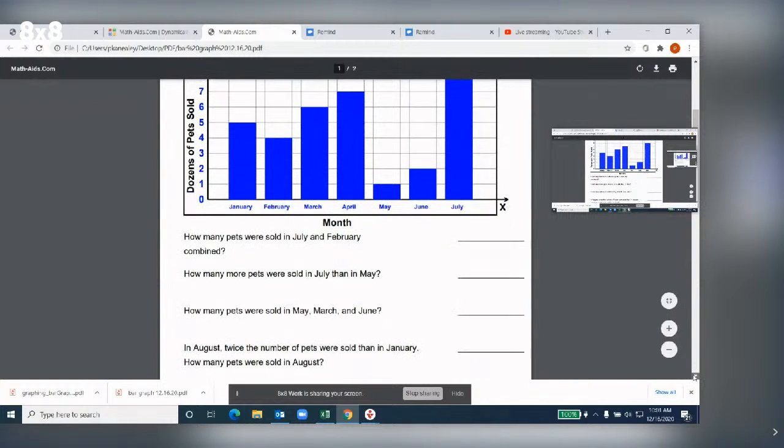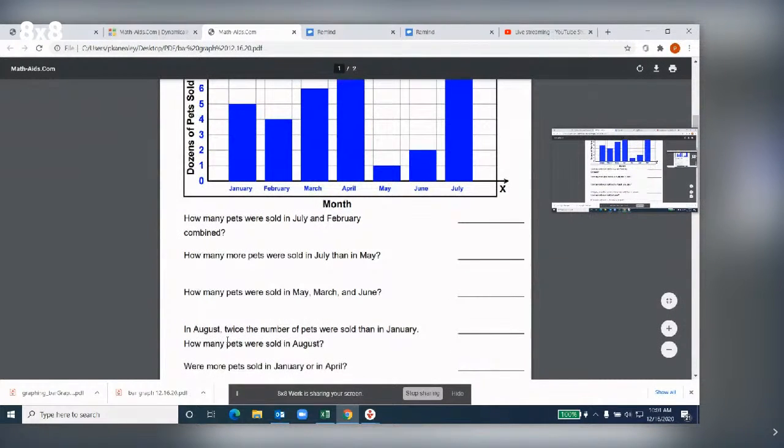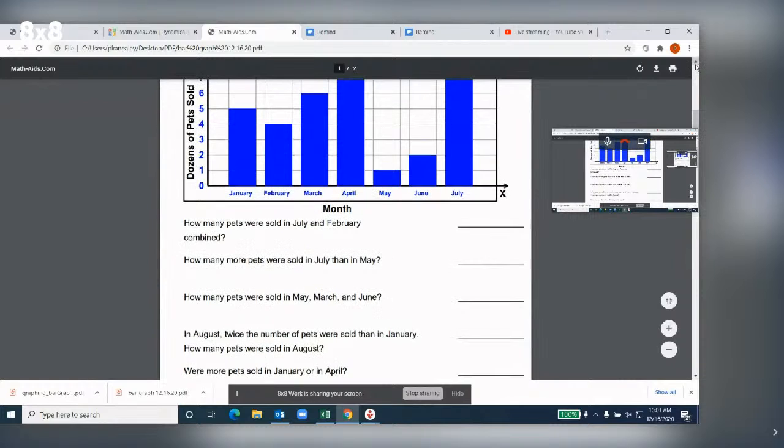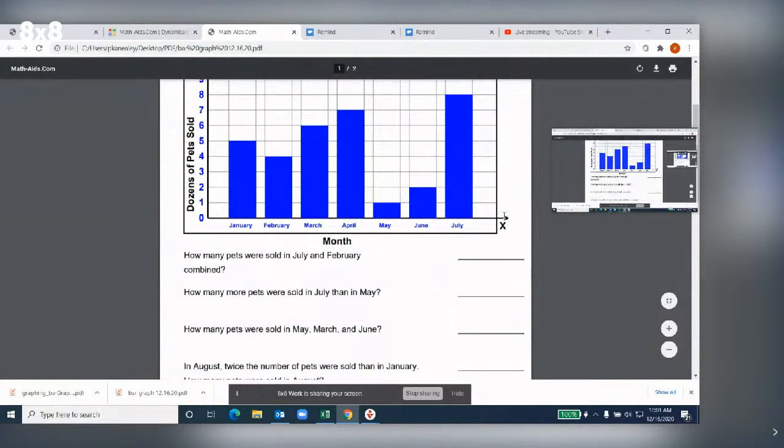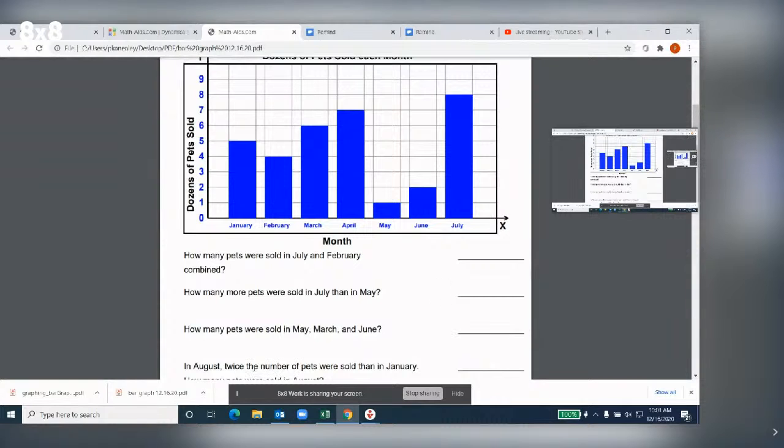It says in August, twice the number of pets were sold than in January. How many pets were sold in August? This one's a little bit different, you don't see August on here. So you're like, well, what do I have to do? It's 2 times the number of pets that were sold in January.